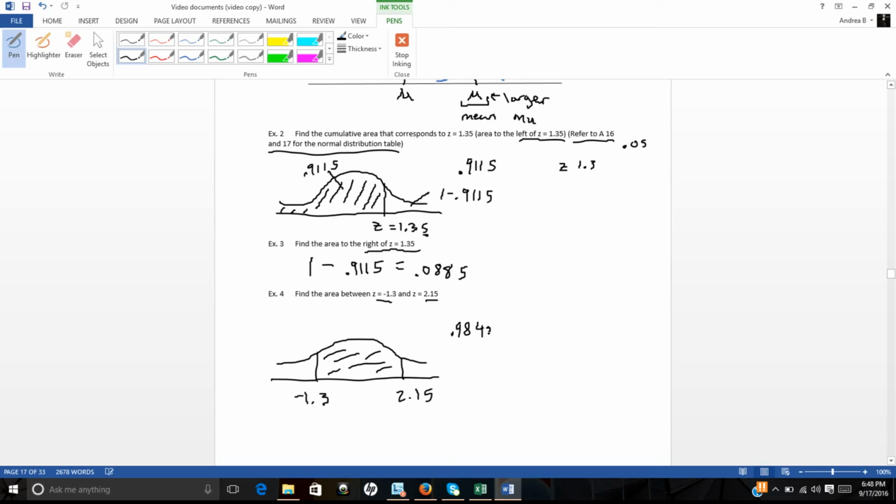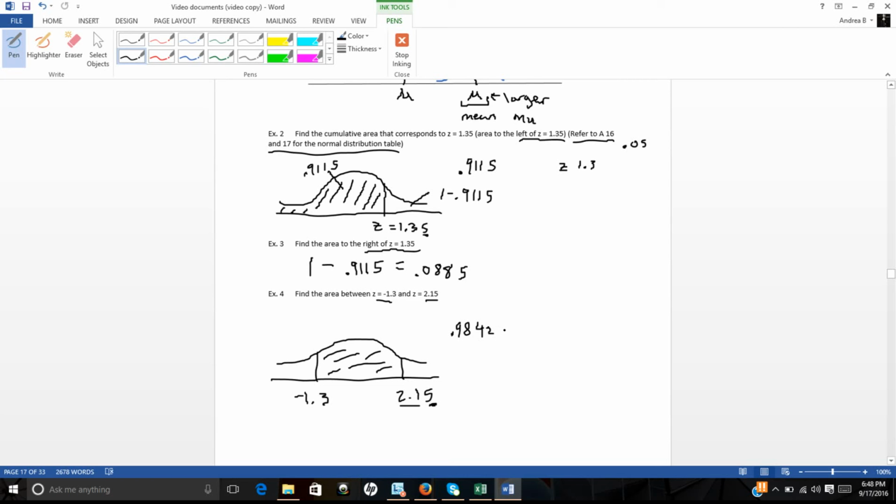The chart will give you the first two digits, and then to look up that hundredths place, you have to look along the top and see where that row and column intersect.